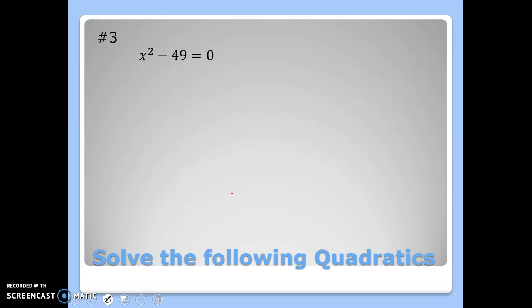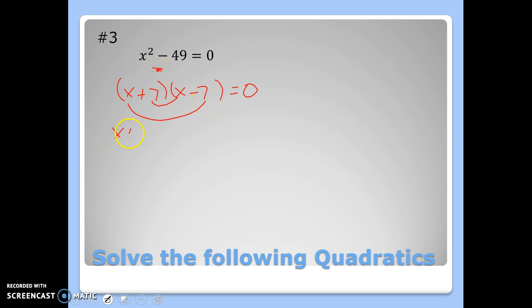More examples of factoring. Now this one we could actually do by square rooting. I could add the 49, take the square root of both sides, and that would work. But I can also factor this. If I were to do it by factoring, I'd have x times x gives me x squared, and a positive 7 and a negative 7 multiply together to give me negative 49. But then a 7x and a negative 7x add up to nothing in the middle.